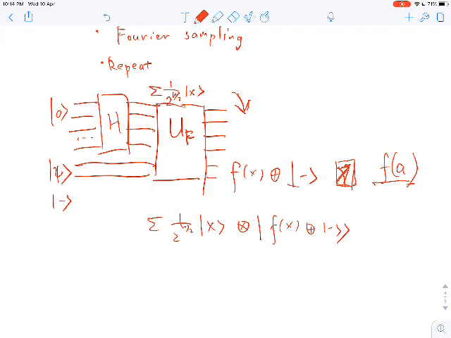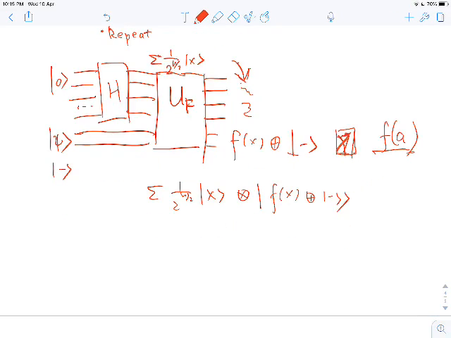Then the state of the input qubit here has some changes. After measurement, what happens here? We can reform the state in this part.